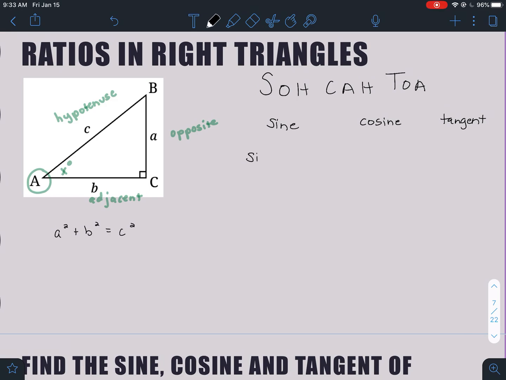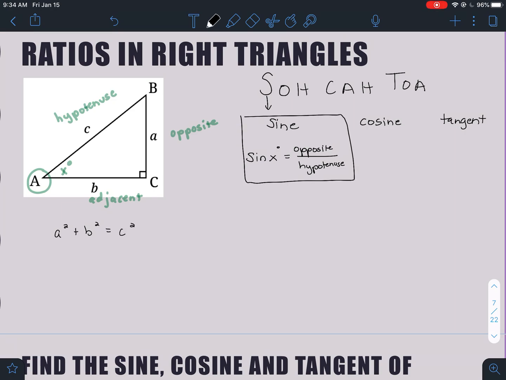So the sine of angle X is going to be equal to, so this goes with the SO, O over H. The O goes with opposite and the H goes with hypotenuse. So the sine of angle X is going to equal the opposite side divided by the hypotenuse.